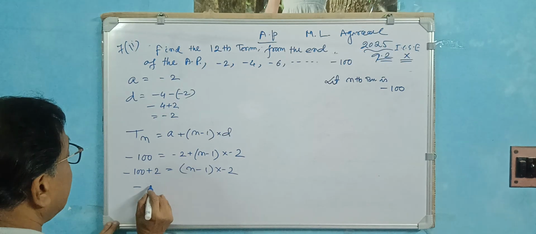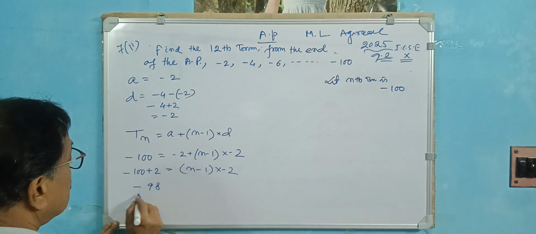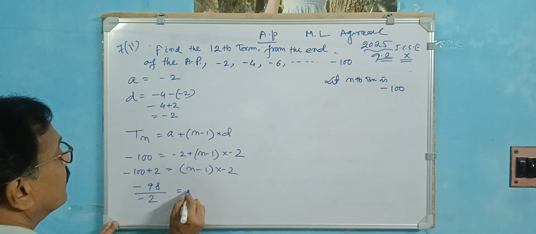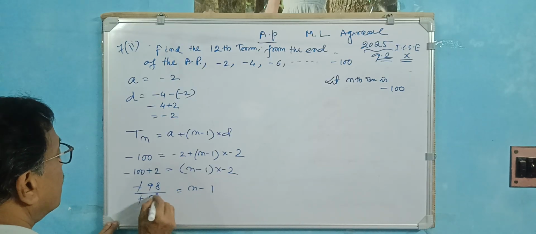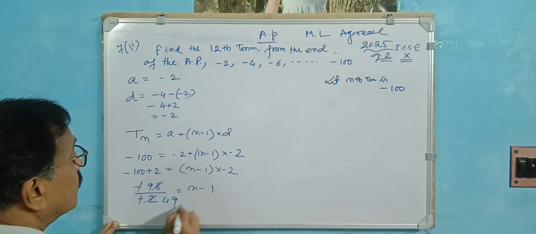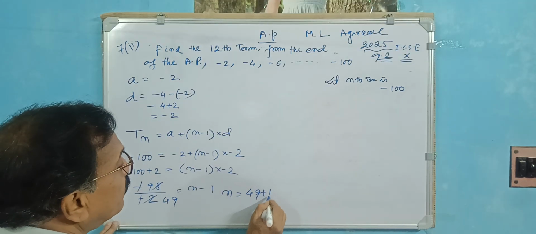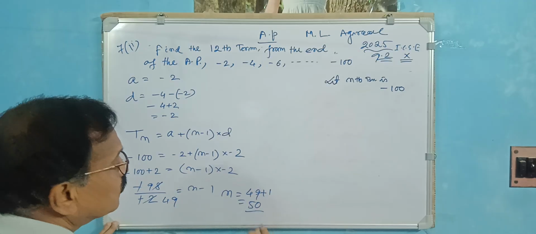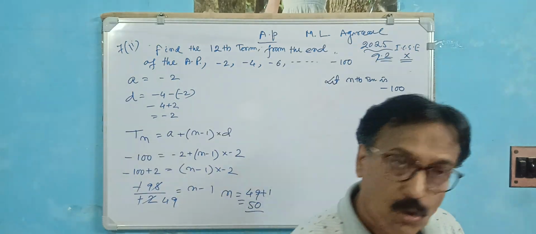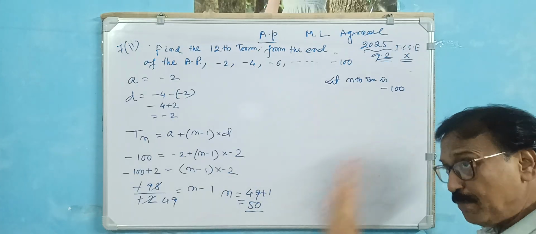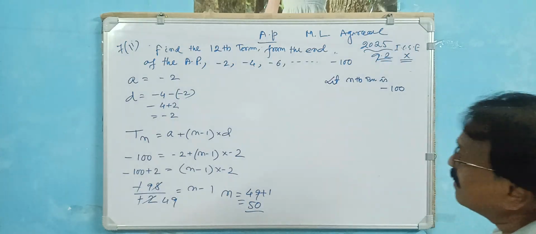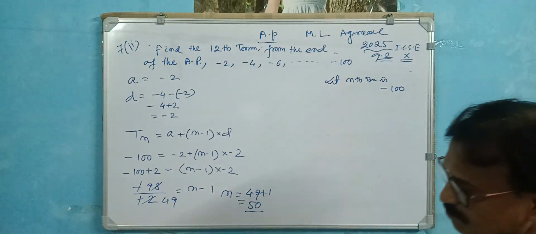This is plus 2, so minus 98 equals n minus 1 into minus 2. The minus 2 cancels, so n minus 1 is actually 49. So what is the value of n? 49 plus 1, that is 50. Minus 100 belongs to the 50th term, and the last term is the 50th term.